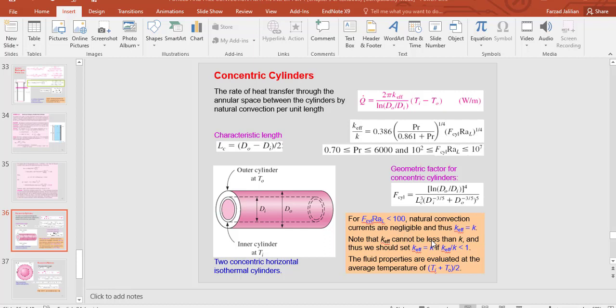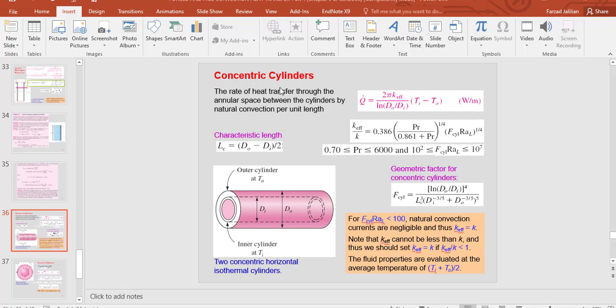When we have convection, this thermal conductivity may be increased, but it cannot decrease. So when in our calculation K effective divided by K is less than 1, we should ignore that and only put K in our equation, which finally will be equal to the conduction heat transfer.